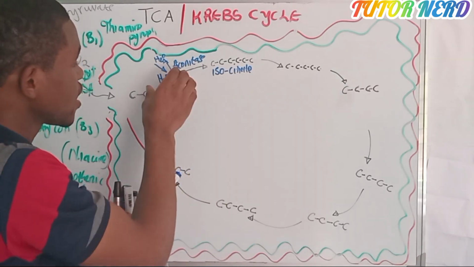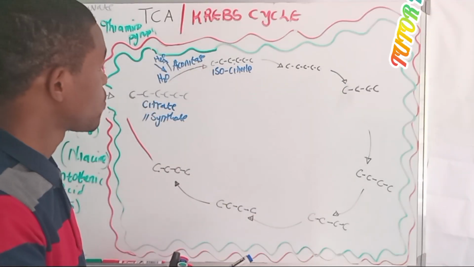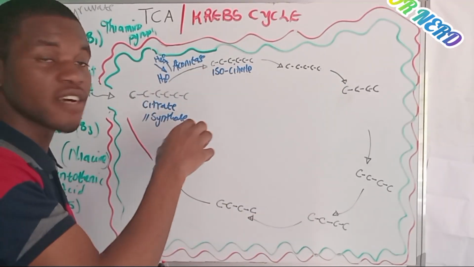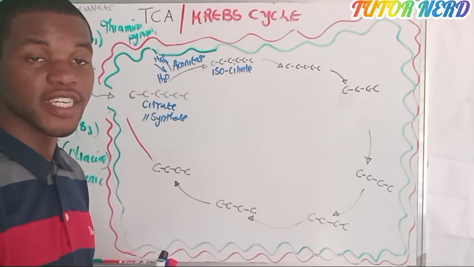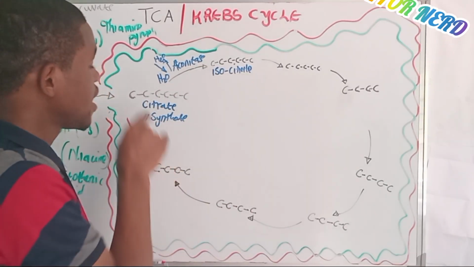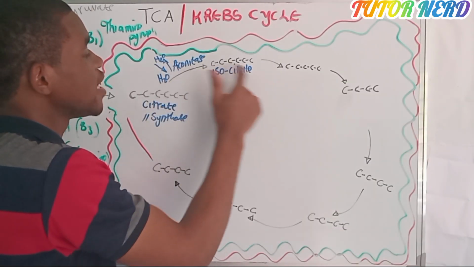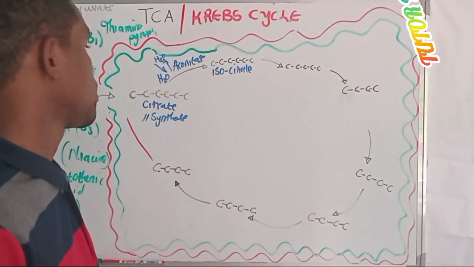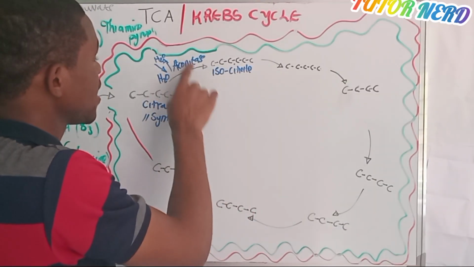As it is moving the water into the process, and again removing the same water from the process, it is shifting the hydroxyl groups of the citrate, so that citrate can now be converted smoothly to isocitrate. So aconitase, it is basically doing what?